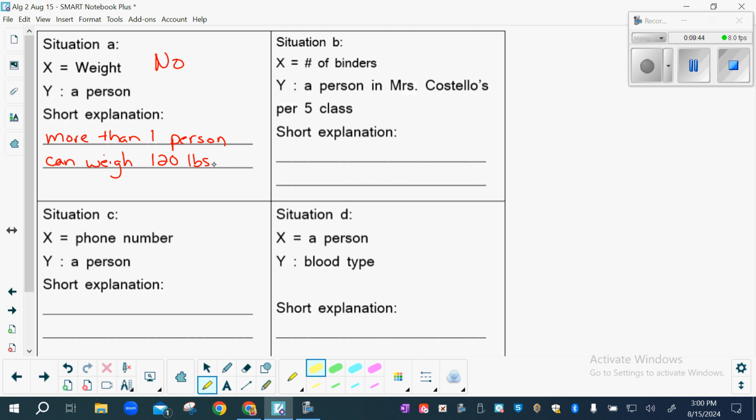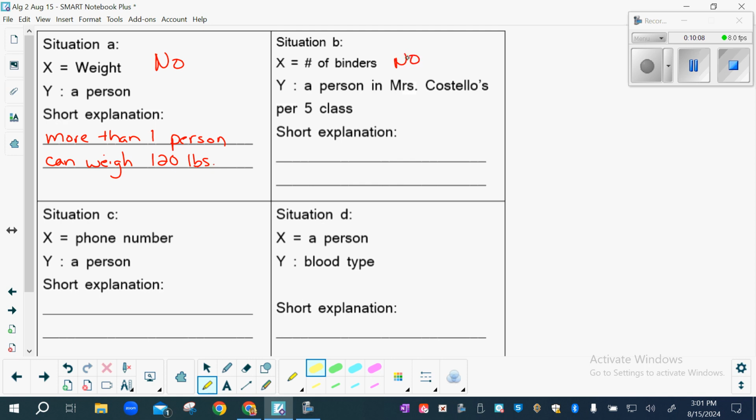If you like, I can just do all of these since the situational ones are a little harder. X is the number of binders and Y is a person in Mrs. Costello's period 5 class. So say it's one binder. Could there be more than one person that has one binder? Absolutely. So yes or no?